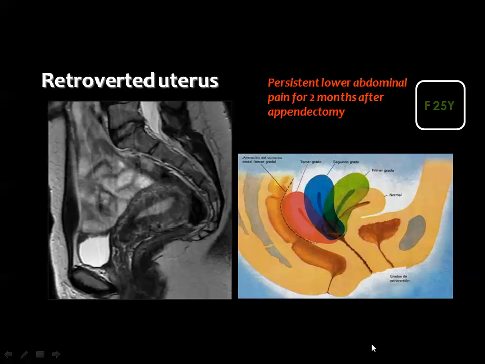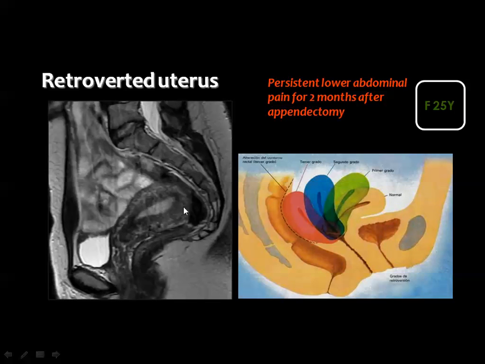One of the issues that our colleagues used to comment upon in every examination of the female pelvis is the position of the uterus. And you know, this is the normal position, and sometimes the uterus is anteverted, and there are some degrees of this anteversion.